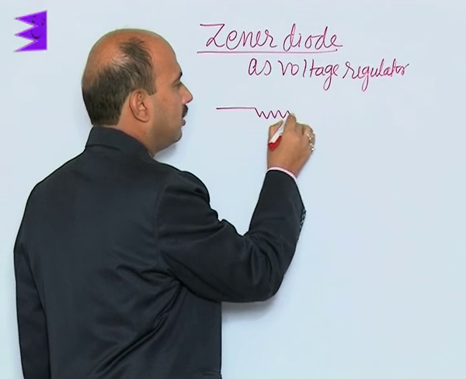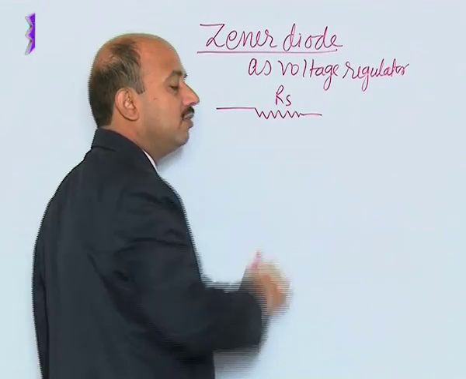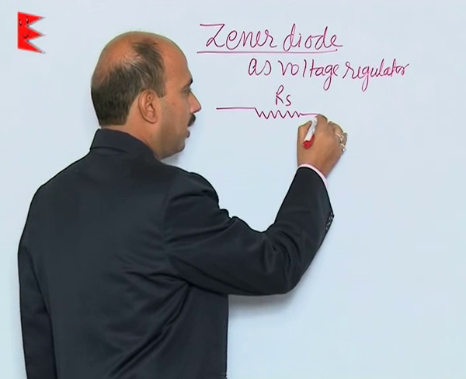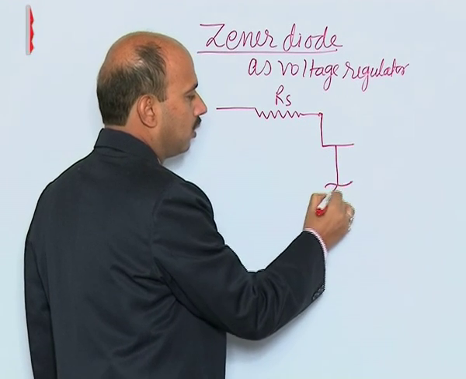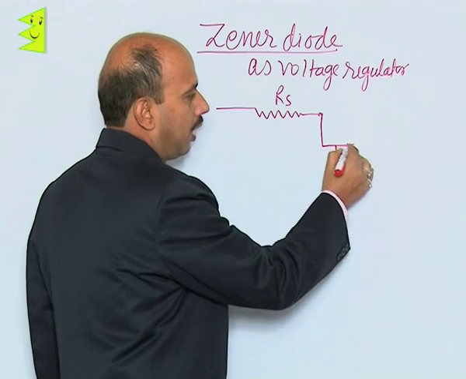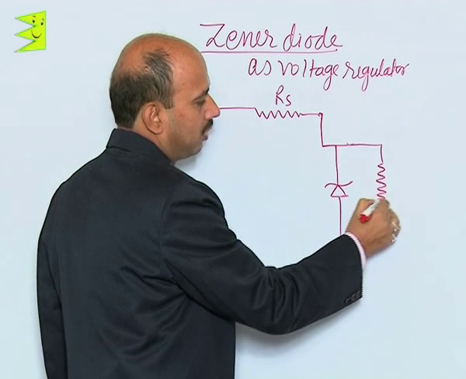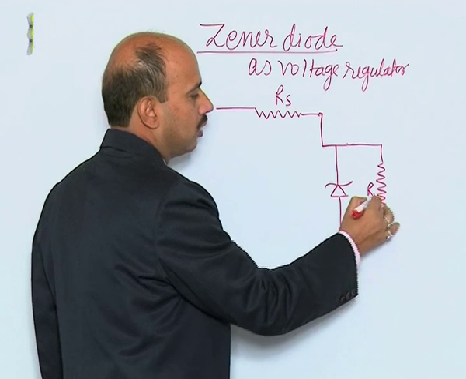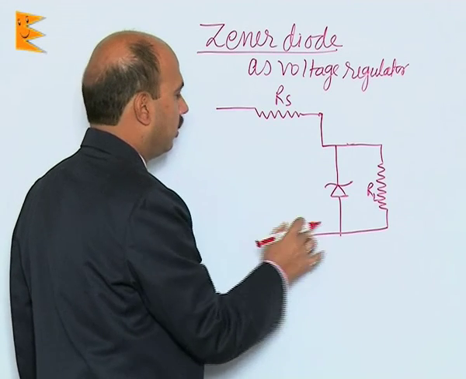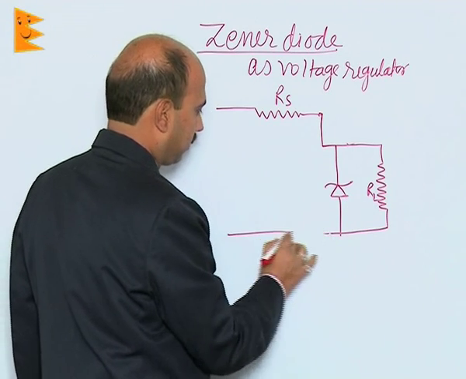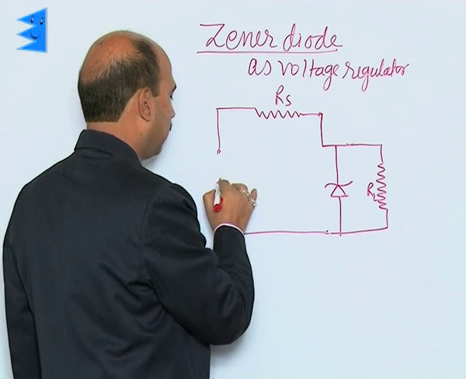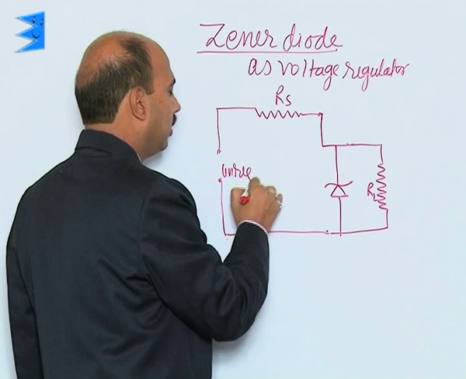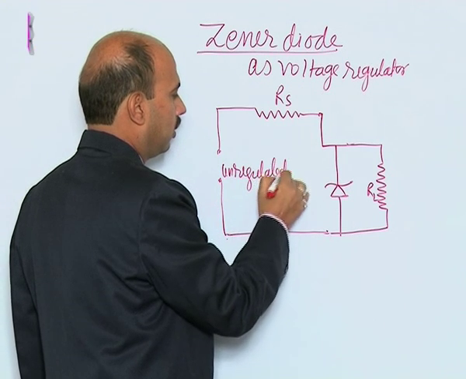A resistance is used, that is called RS, the series resistance, and then we use a Zener diode, and one load resistance here, that is RL, and this is connected to this point, and here we get the unregulated voltage.